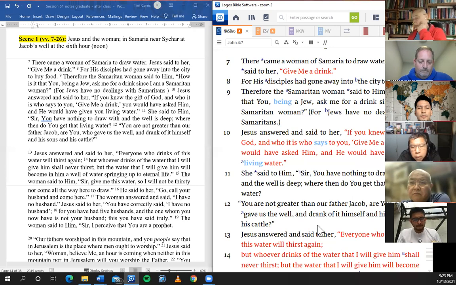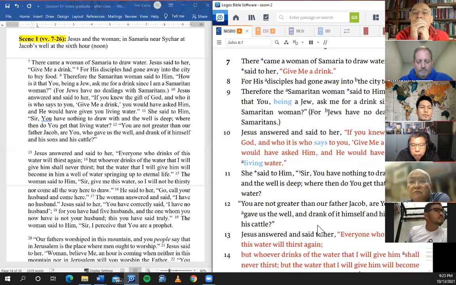Jesus answered and said to her, "If you knew the gift of God and who it is who says to you, 'Give me a drink,' you would have asked him, and he would have given you living water." She said to him, "Sir, you have nothing to draw with, and the well is deep. Where then do you get that living water? You are not greater than our father Jacob, are you, who gave us the well and drank of it himself and his sons and his cattle?"